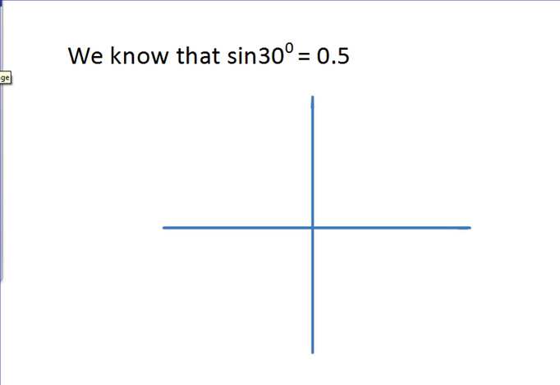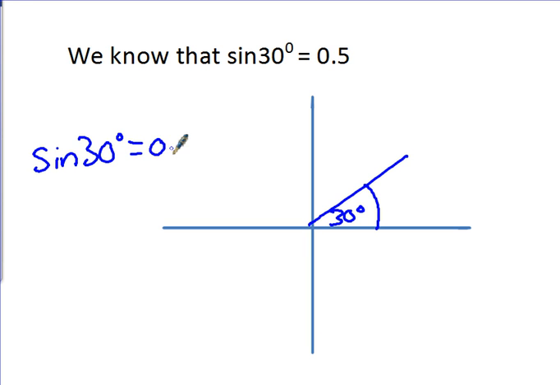So if you put into your calculator sine 30, it will tell you very quickly that sine 30 is 0.5. So I'm just going to draw 30 degrees there, and we know that sine 30 degrees is 0.5. Now, from now on, we're going to do some more calculations, but without a calculator.